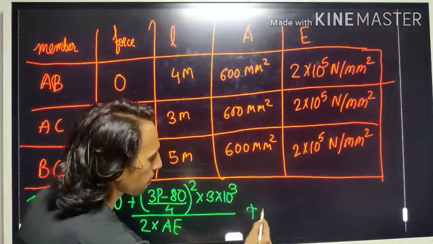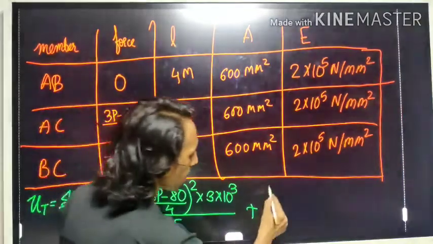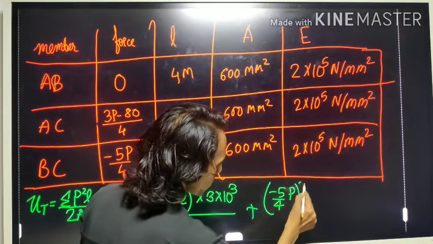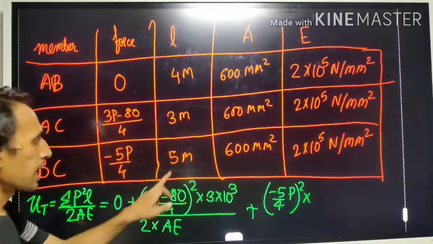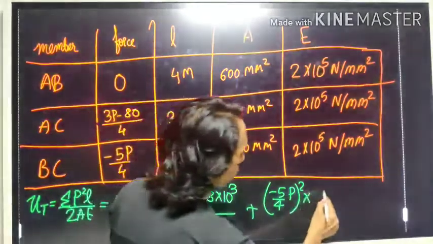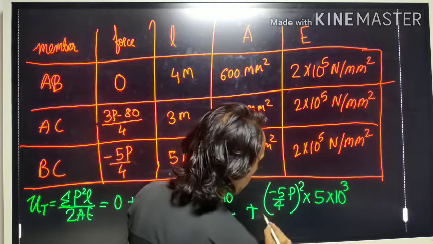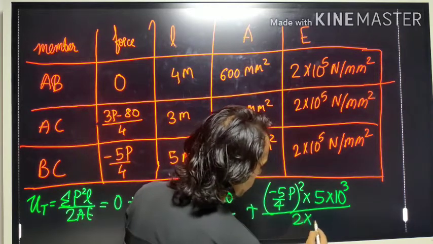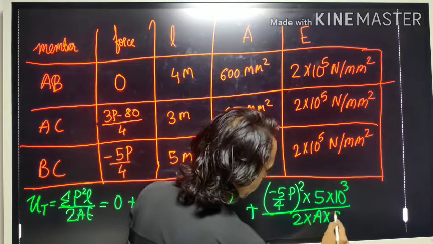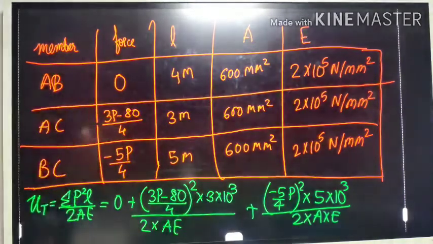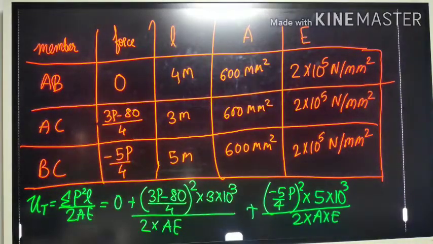So minus 5 by 4 P square, and length was 5 meter. So 5 again in terms of mm divided by 2 into A into E. Now I can solve this and calculate it as one value.